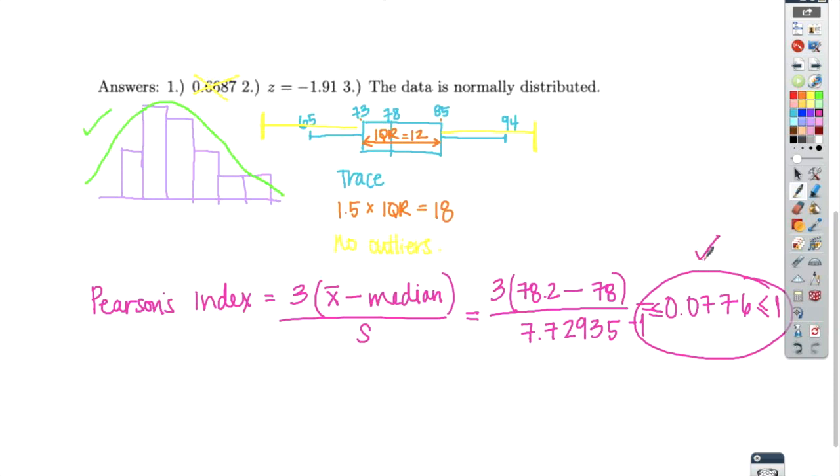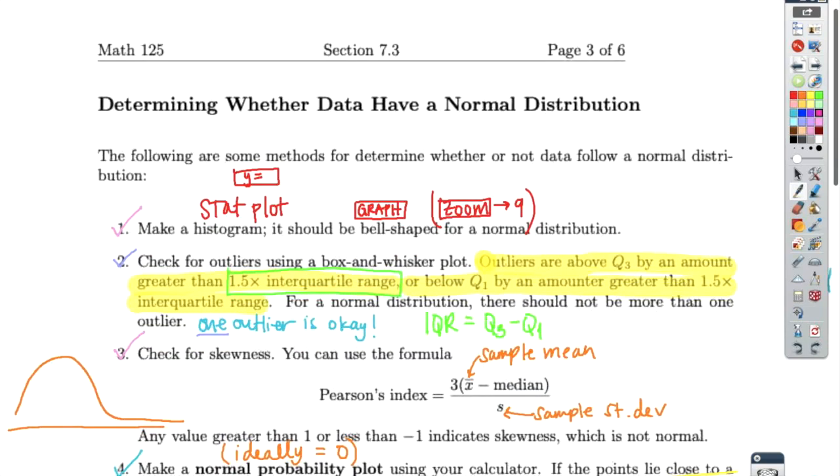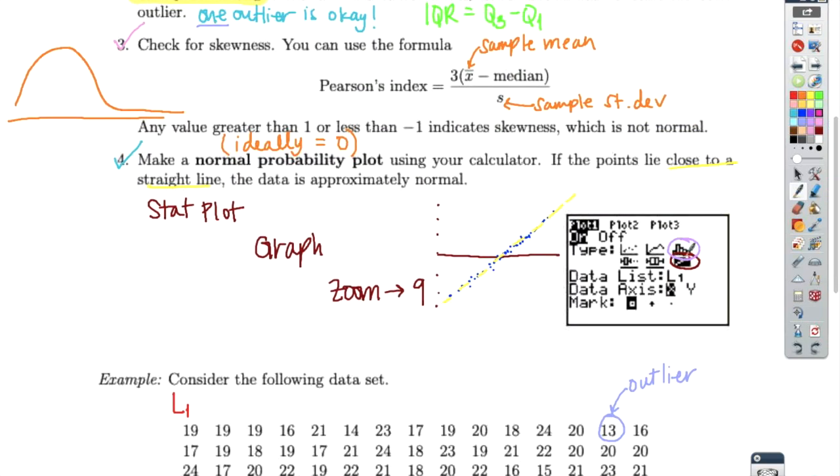So the last graph that we're going to make is called a normal probability plot. So I'm going to do stat plot again, and then I'm going to scroll over to this very last graph, which may or may not look like that on yours, and graph that one. And I'll zoom this one more time.